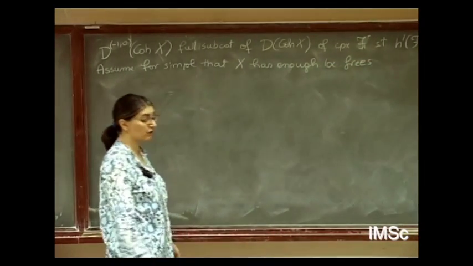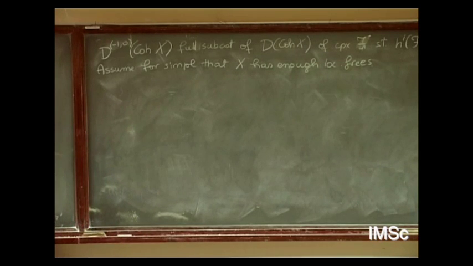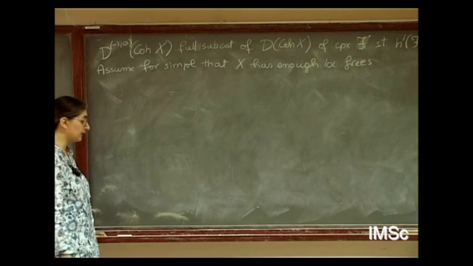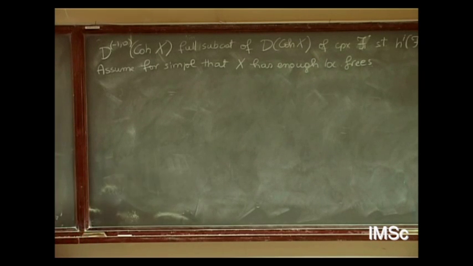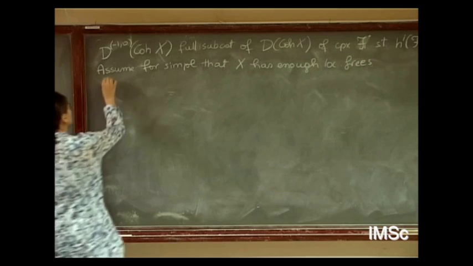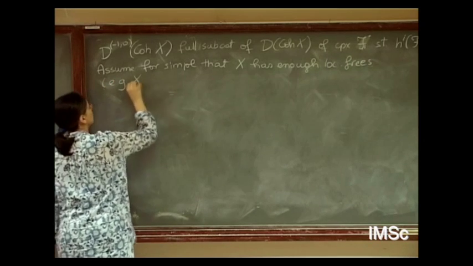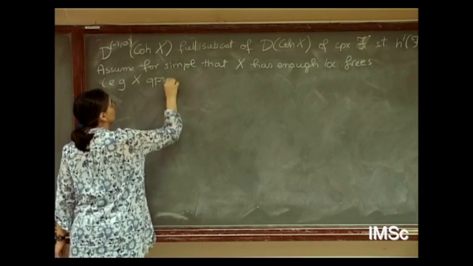It means that every coherent sheaf is a quotient of a finite rank locally free sheaf. And this in particular is true if X admits a closed embedding into a smooth scheme, because it's true if X is a smooth scheme, and if you have a closed embedding, coherent sheaves on the closed subscheme are a subcategory of coherent sheaves on the ambient. So, e.g., X quasi-projective will be enough.